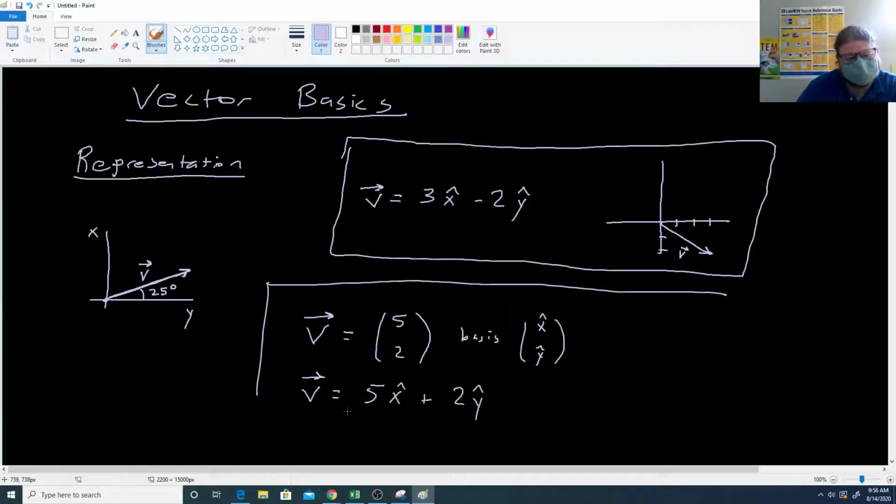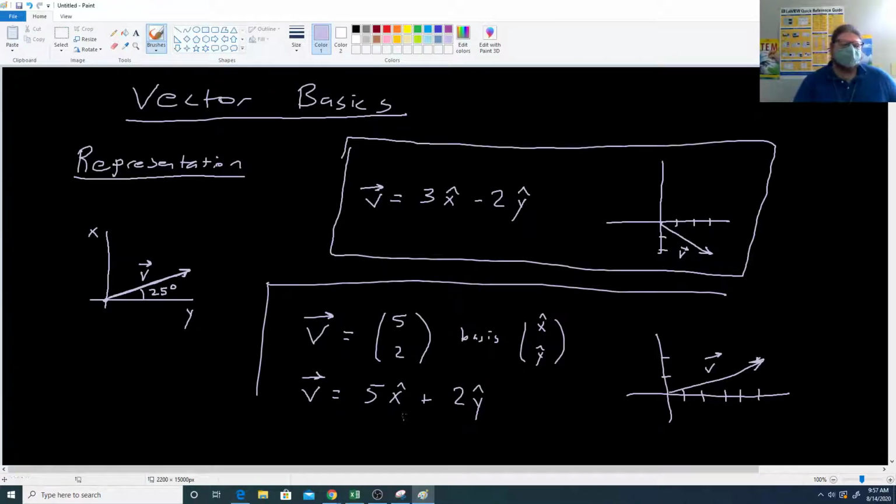If we wanted to draw it, this one would be 5 units to the right, because that's the x hat amount, or the top coordinate amount. And then the y value would be 2 units, and we would have a vector that looks kind of like this.